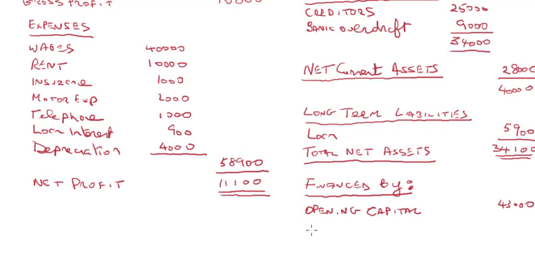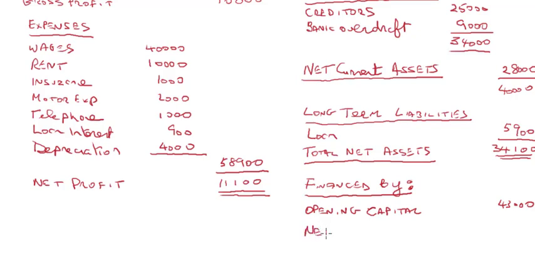Okay, now this time I'm not going to calculate a retained profit because of course there's no retained profit. Because all the profit of 11,100 has been given to the owner, so we can't calculate a retained profit. So I'm just going to add that profit to the opening capital.